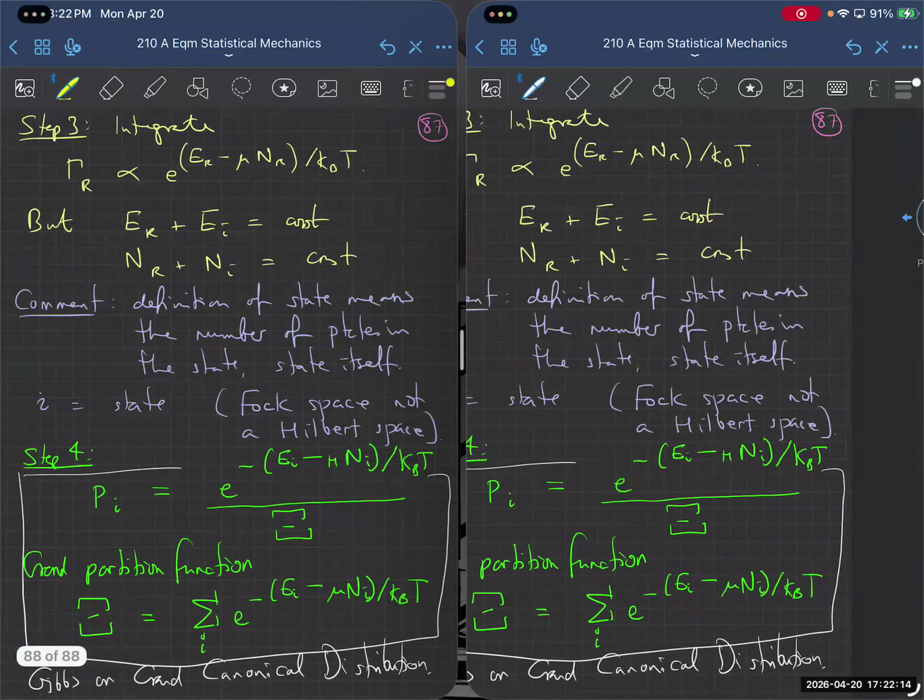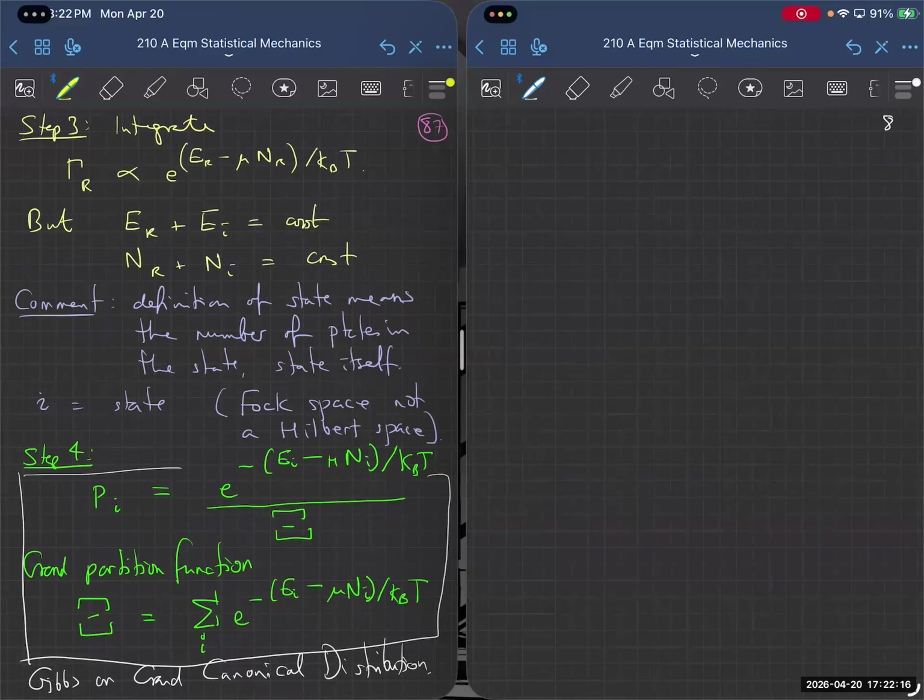So let me just wrap up. We can derive many results by differentiation, just like we did for the Boltzmann distribution. So let me just give you some examples.